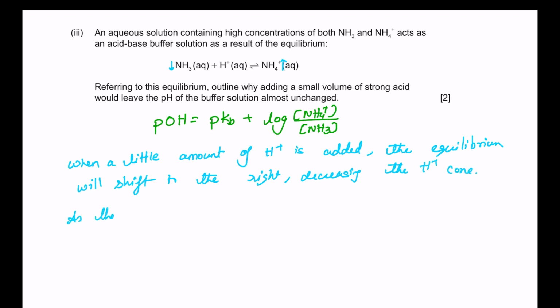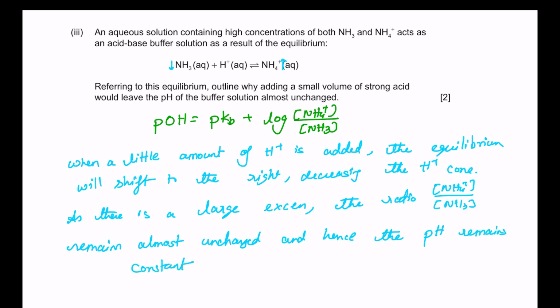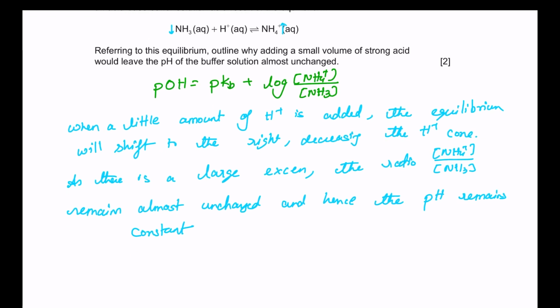As there is a large excess, the ratio NH4+/NH3 remains almost unchanged, and hence the pH remains more or less constant. That is all about part C.